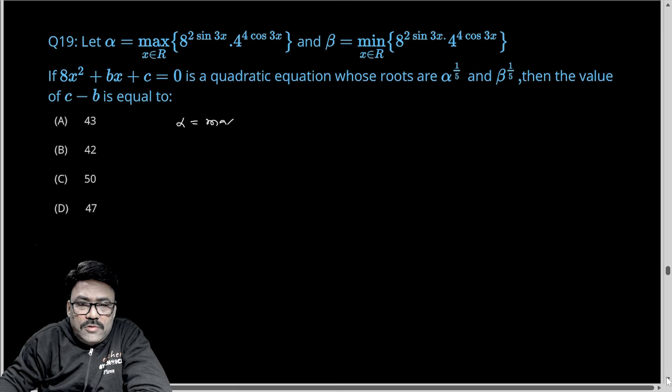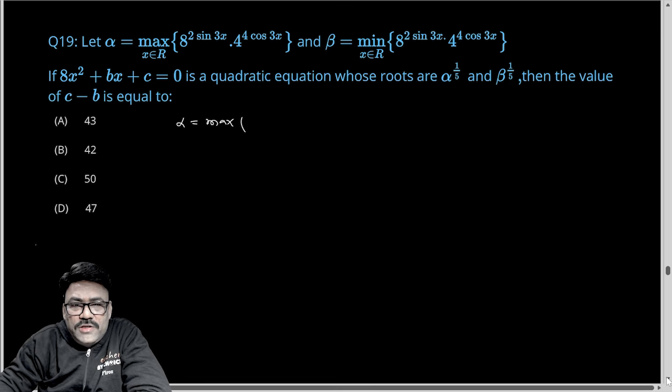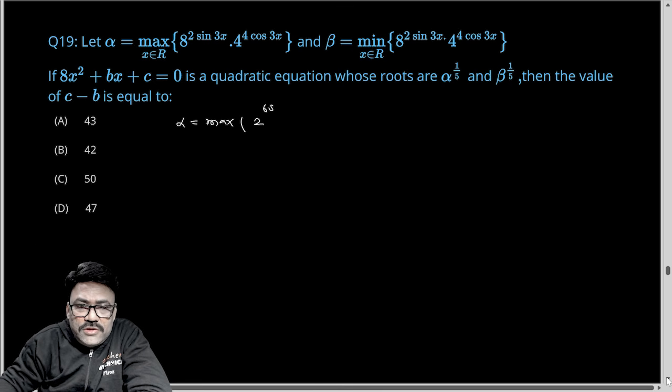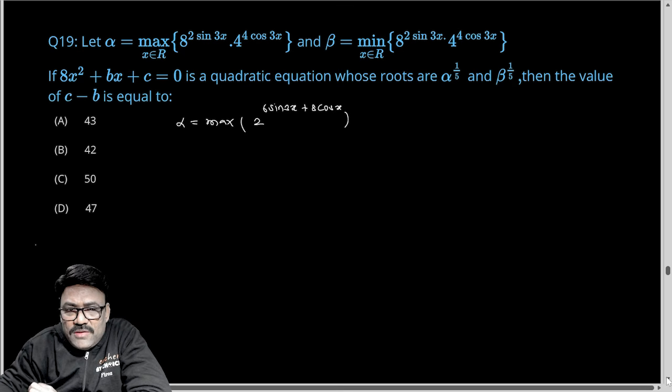8 can be written as 2 raised to 3. 4 can be written as 2 raised to 2, and if I multiply, I will get 2 raised to 6 sin 3x plus 8 cos 3x. So alpha is the maximum of this one and beta is the minimum of this one.